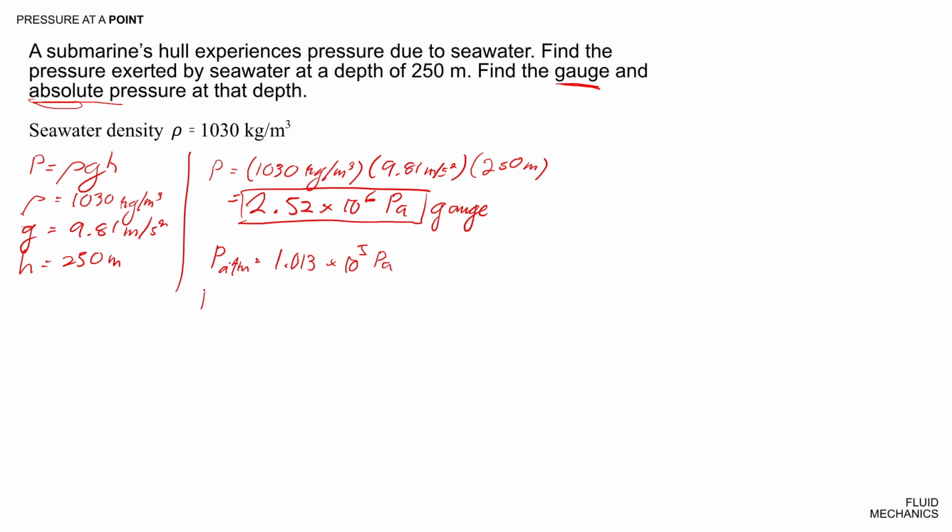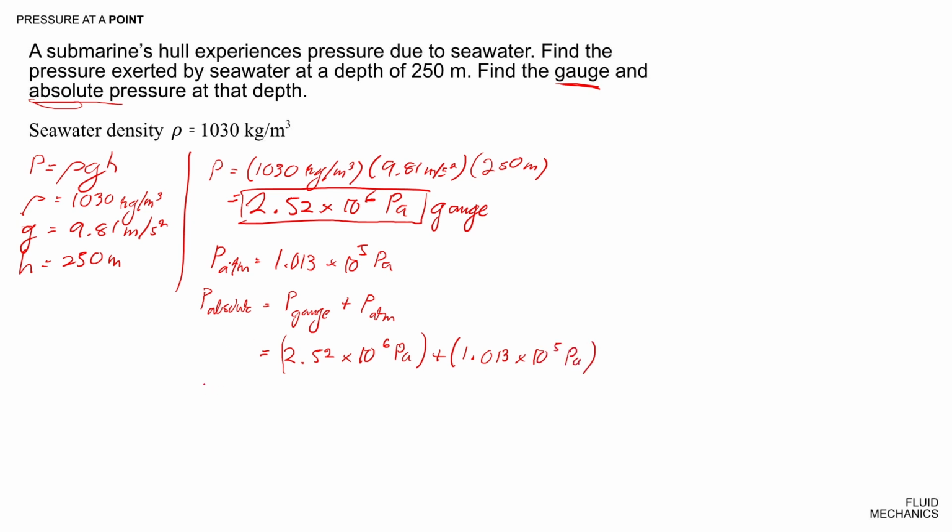To calculate the absolute pressure, we add the gauge pressure that we calculated earlier to the atmospheric pressure. Using this formula, we plug in the gauge pressure of 2.52 times 10 to the 6th pascals plus the atmospheric pressure of 1.013 times 10 to the 5th pascals.